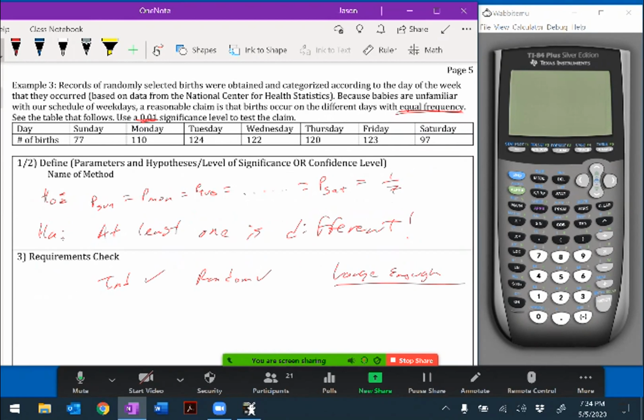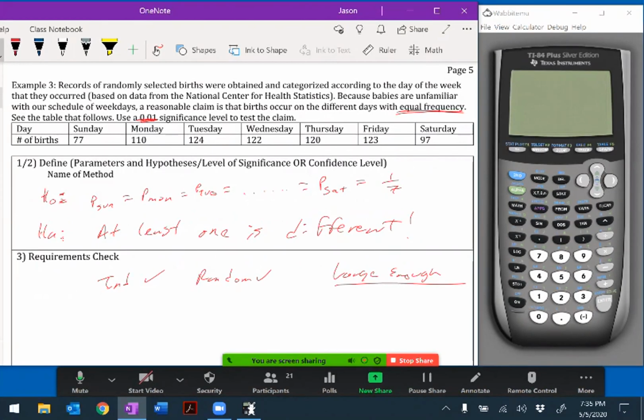Okay, so how many births do we have here? Well, if I add up all the bursts, the total number is 773. If I take n times p, which is 773 multiplied by 1/7, that's my probability that all of them are the same, and that equals 110, which is certainly bigger than 5.